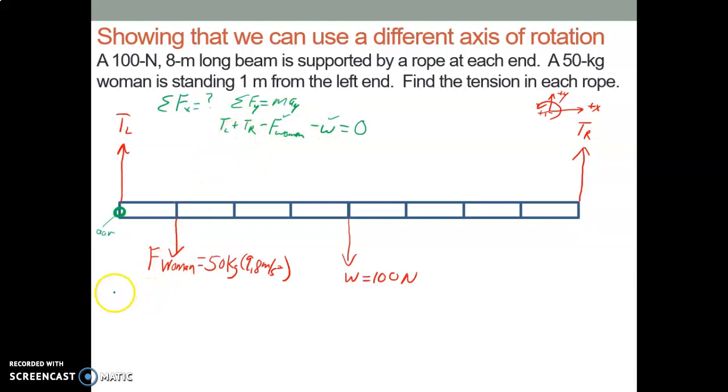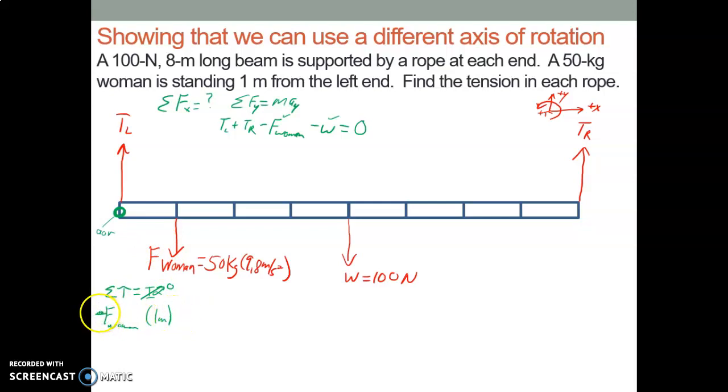So what we can do is also sum the torque, and we can set that equal to I alpha, and it's equilibrium. So we say, all right, well, T_L is at the axis of rotation, so that's not creating any torque whatsoever. We've got the woman, her force is 1 meter away, and she's creating negative torque, so we put a negative sign out in front there.